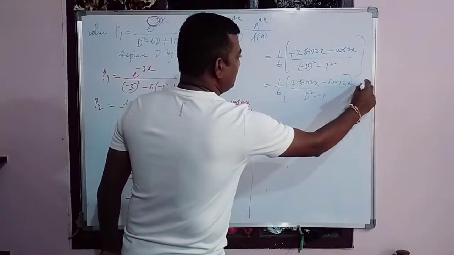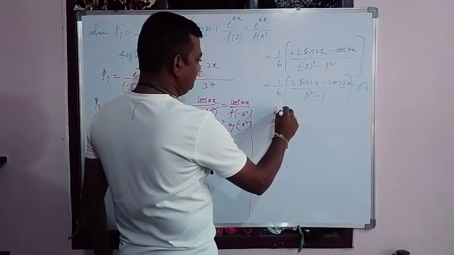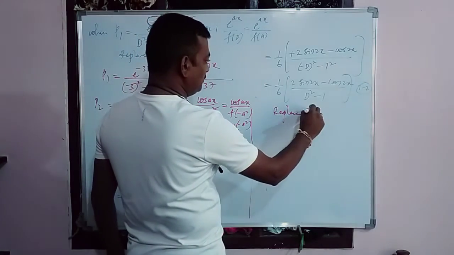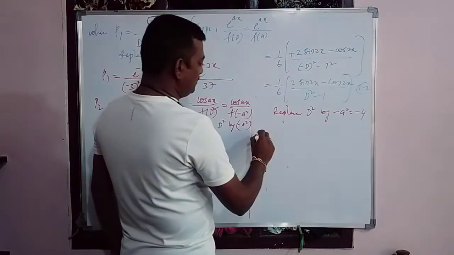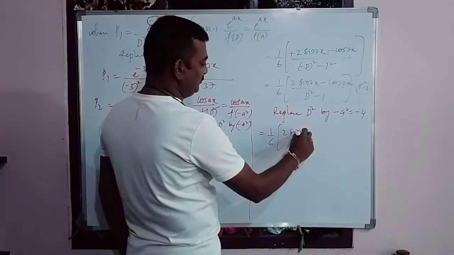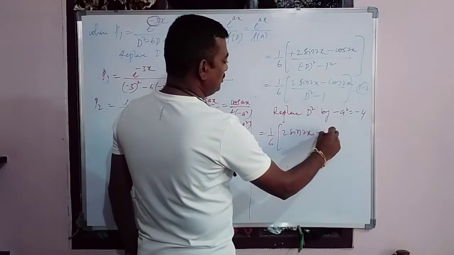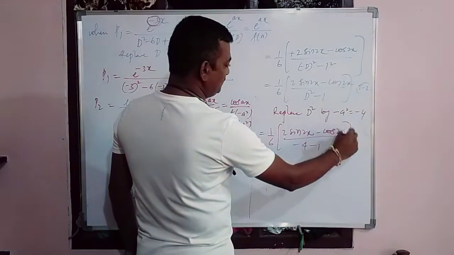Again it is a type 2 example. So replace again D square by minus a square, that is minus 4. So 1 by 6 times 2 sin 2x minus cos 2x divided by minus 4 minus 1.